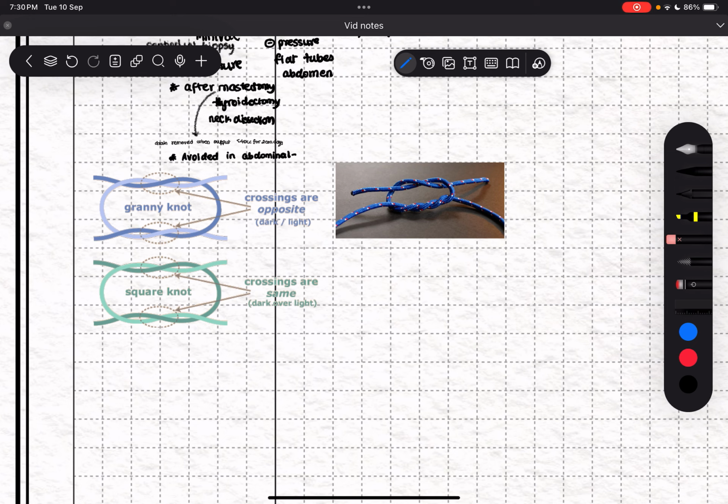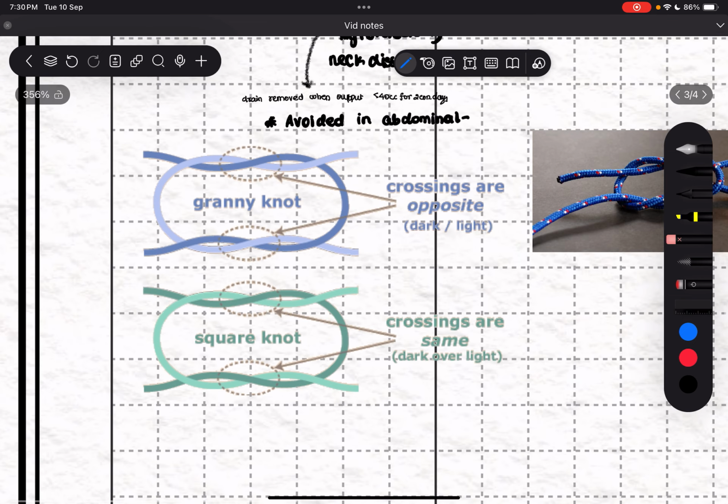Whereas in granny's knot, it is not done. Every time it is pulled in the same direction. So the difference between square knot and granny's knot comes here in this area. Let us note these areas.